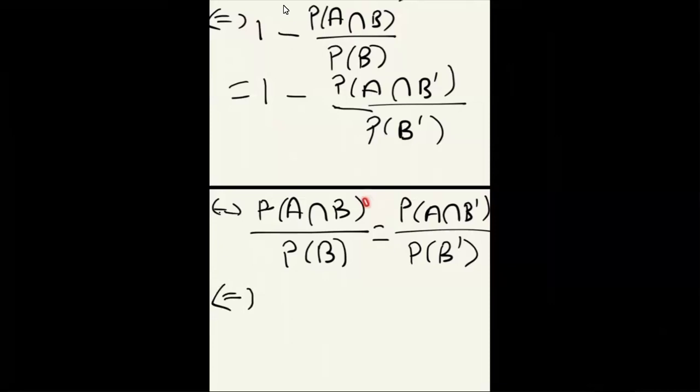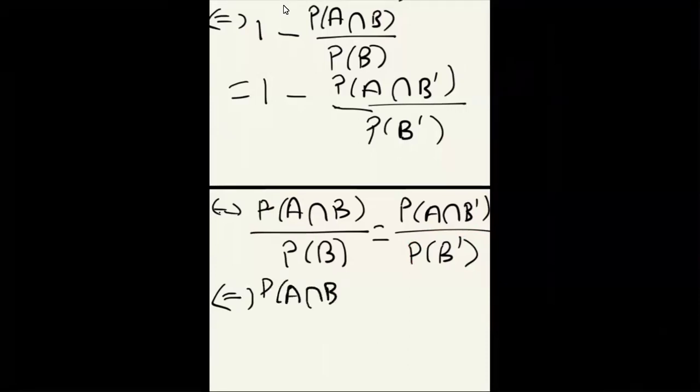And you can see that the left-hand side consists of the terms that you want, which are the intersection and probability of B. However, the right-hand side right now has terms that you don't want. For example, probability of B complement. That is not something that we want. Or probability of A intersect with B complement. We also don't want that term.